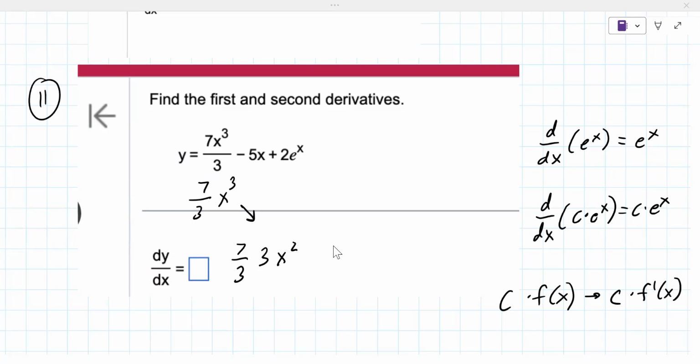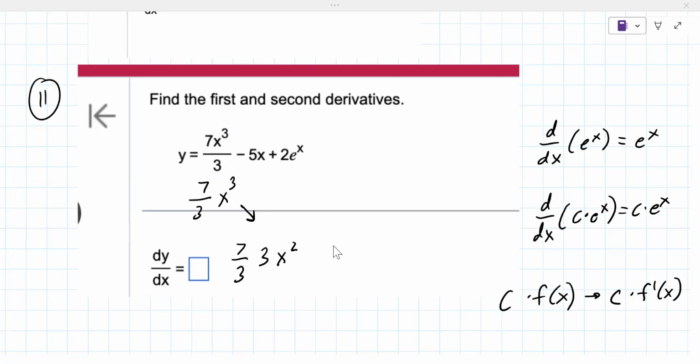So keep going here. Let me know what you come up with. This is a basic algebra question, but I just forgot.